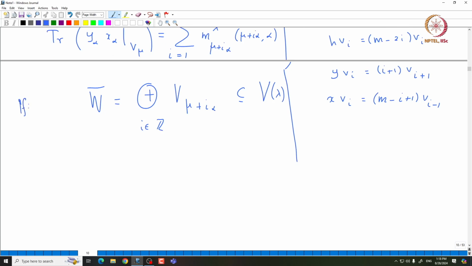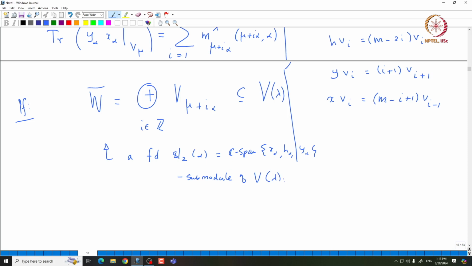One can easily see that this is indeed an SL2 alpha invariant subspace. The SL2 alpha copy is nothing but the C span of X alpha, H alpha and Y alpha. Then this W bar is a finite dimensional SL2 alpha submodule of V lambda.